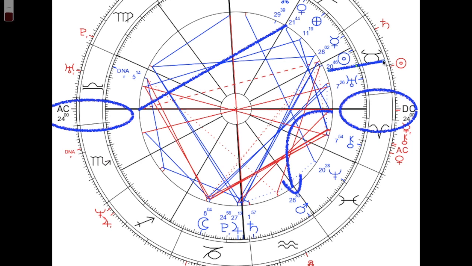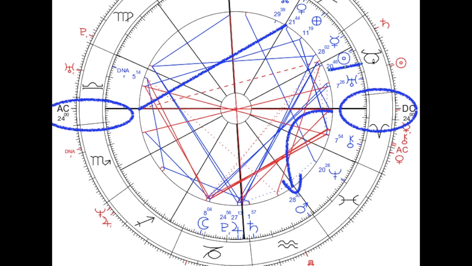The sun is in the 7th house here, in Taurus. We've got that Taurus again. Suzanne herself is a Taurus.